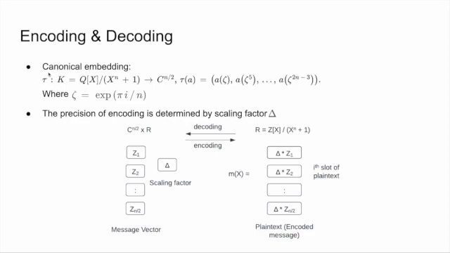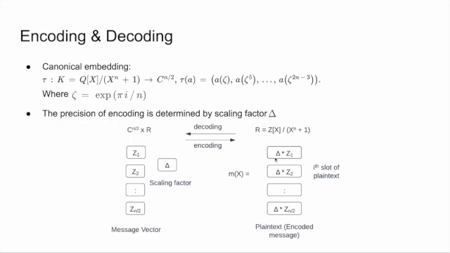So here I have represented tau. Tau is for decoding and its inverse mapping would be for encoding. So here is a message vector which is discretized in complex numbers, and it gets encoded into a polynomial.